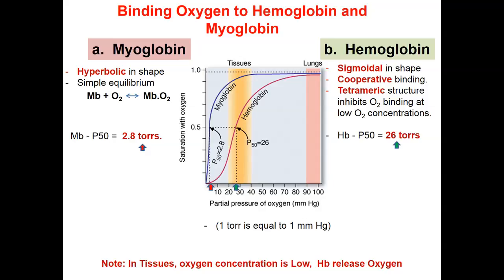Now, a question: if you have a mutation that increases the hemoglobin affinity for oxygen, what would be the impact? Can it deliver oxygen? Exactly. You don't want a mutation that causes your hemoglobin to bind oxygen even when the oxygen concentration is low. All right? Okay.